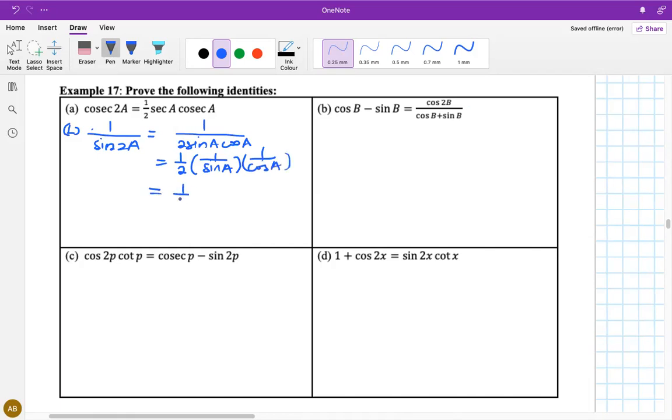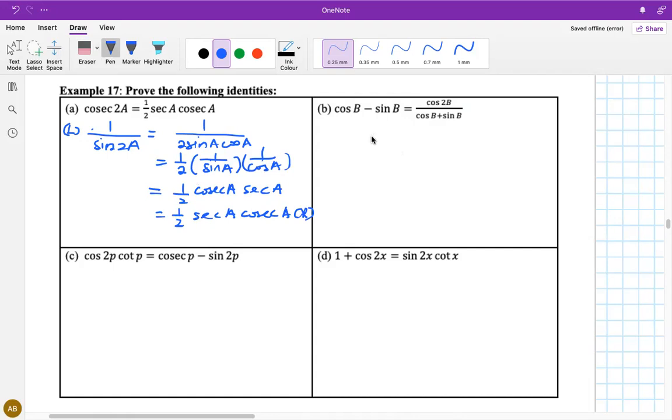Therefore, you get 1 over 2. 1 over sine a is cosecant a. 1 over cos a is secant a. So you can rewrite this as 1 over 2 secant a times cosecant a. So this is the right hand side, correct. Okay, now we go to B.